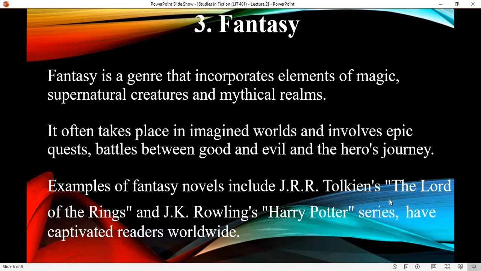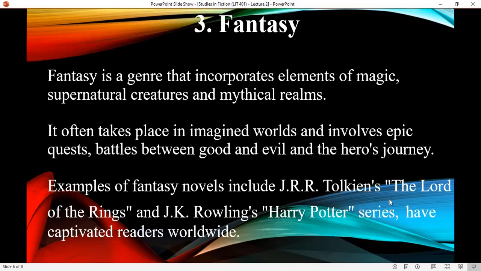So when we talk about fantasy as a genre of fiction, we are looking at worlds and issues beyond human experience. So it has to do with imagined worlds, epic quests, battles between good and evil, and the hero's journey.